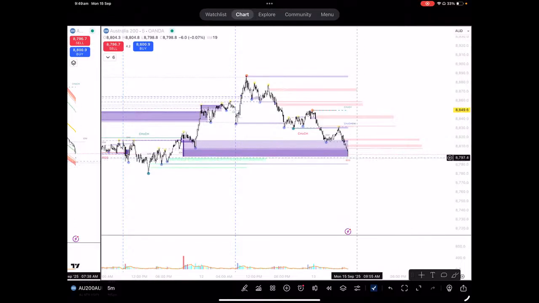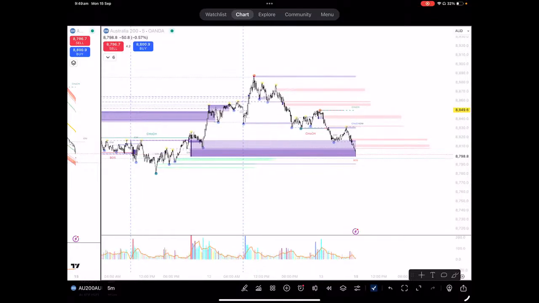As you've all observed, every day Australia 200 usually starts with a gap up or a gap down. If it starts with a gap down, it might just fill this gap and then continue down, or it could go up, take liquidity from here, and then continue down. But we will know only when the market starts.